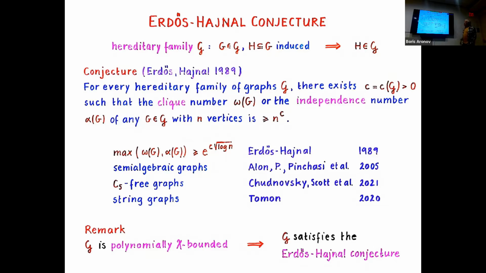But in general, the conjecture is open, and today we can't even tell. I mean, maybe it's open because it is just wrong.